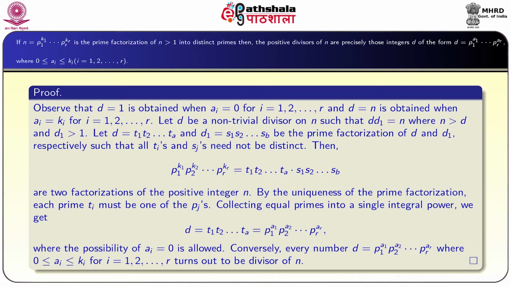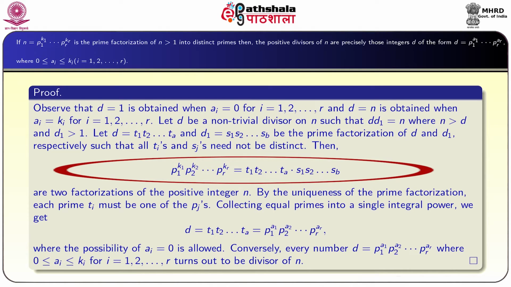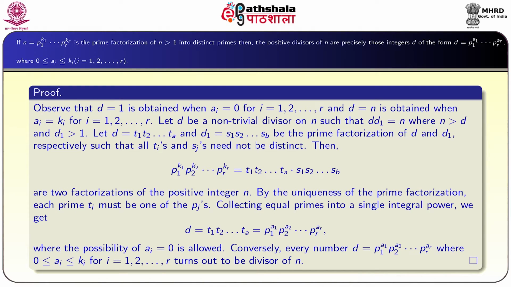Then we have that since d into d1 is equal to n, p1 power k1 into p2 power k2 and so on pr power kr is equal to t1, t2 and so on ta into s1, s2 and so on into sb. Two prime factorizations for the positive integer n, but we proved that every positive integer greater than 1 can be expressed as a product of primes uniquely.